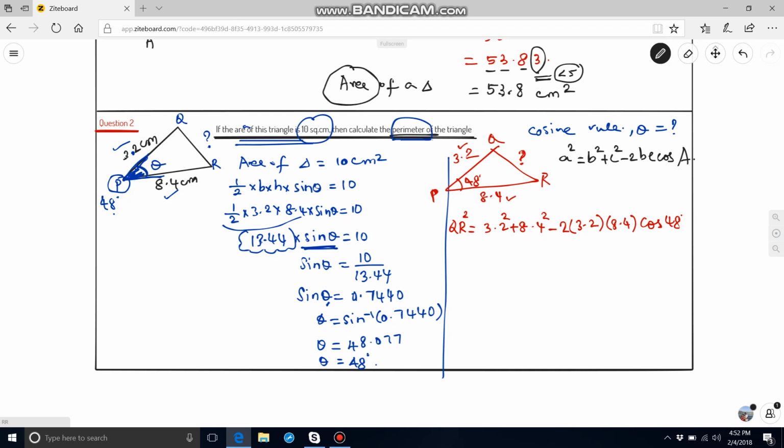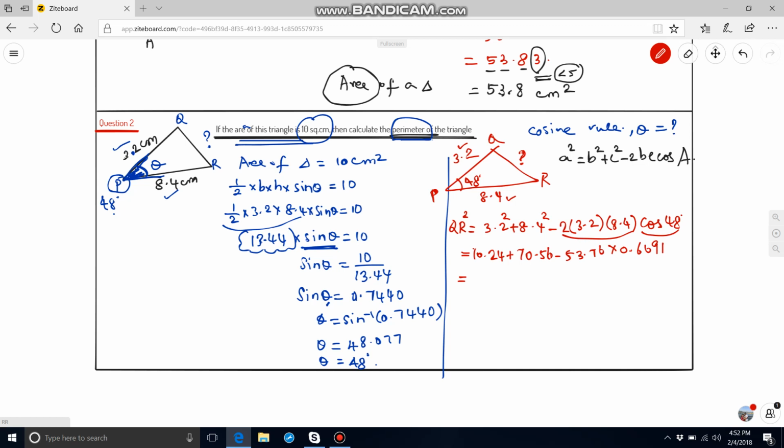Here we can use the calculator: 3.2 square gives 10.24. 8.4 square gives 70.56. Minus 2 times 3.2 times 8.4 gives 53.76, times cos 48 gives 0.6691.